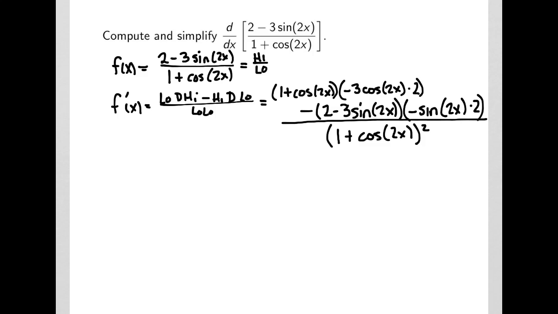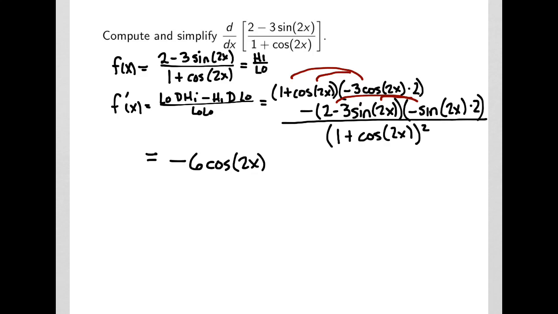And now we'll start to do some algebra and simplify this. So I need to be sure that I distribute these terms on the multiplication. In the numerator of f prime, 1 times negative 6, so I get negative 6 cosine of 2x.